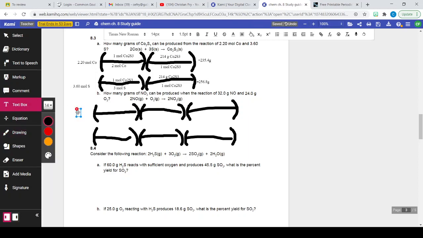All right guys, so I got 32 grams of NO. And nitrogen monoxide weighs, let's see here, it's 14 plus 16, so 30. That's always in 1 mole when we're dealing with grams. Okay, so now I'm going to use my equation to get these next numbers, 2 moles from the equation.